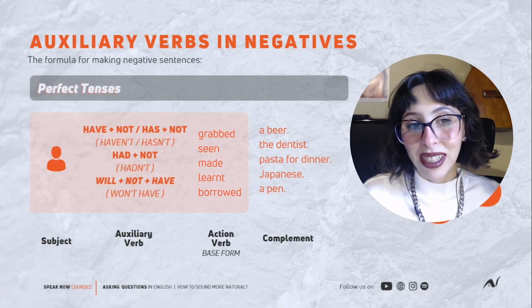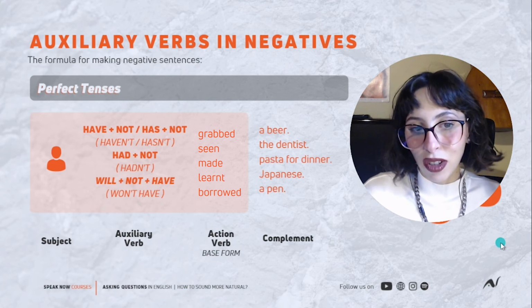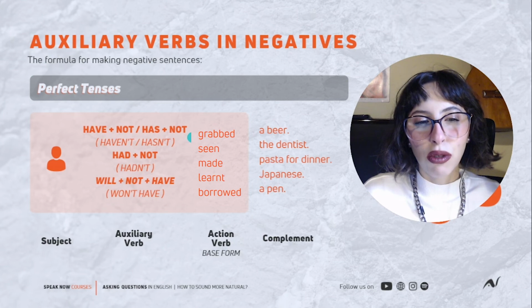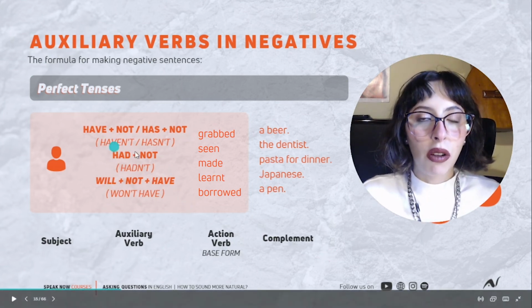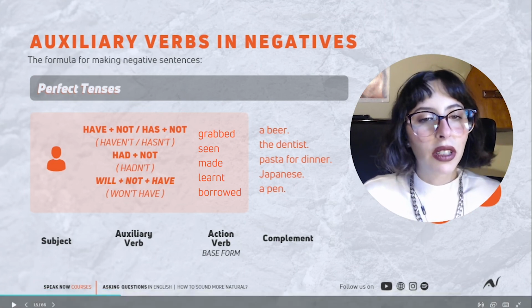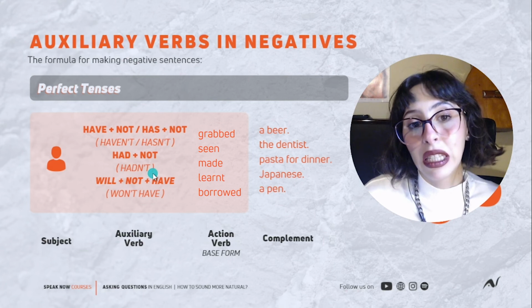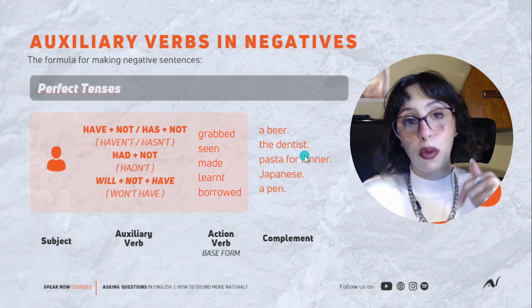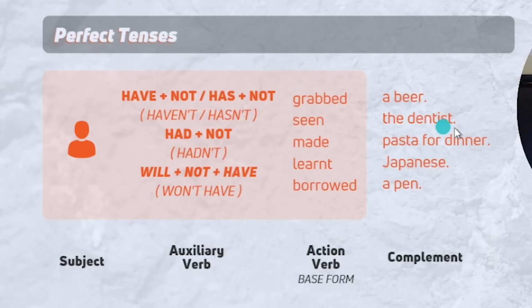Now, in the perfect tenses, we have have or has not, past perfect had not, and future perfect will not have. Let's use the contracted forms only. Let's use the contracted form of each of them to create some similar examples now in the perfect tenses. Let's say I haven't seen the dentist this week. This week. Repeat, please. This week, I haven't seen the dentist.